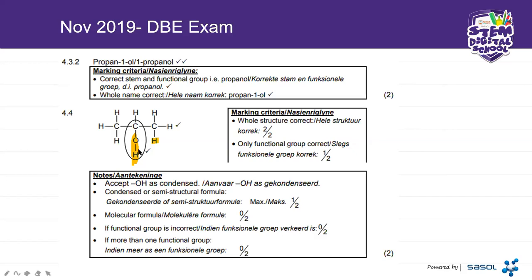So once you have this whole structure, you will have your 2 marks. But if you only have the functional group correct, for example, if you have the C's, then you're only going to get half a mark. You're not going to get everything. So you need to have your complete structure to get marks. Okay, so accept OH as condensed. So you see, for grade 12, you need to have this condensed like this.